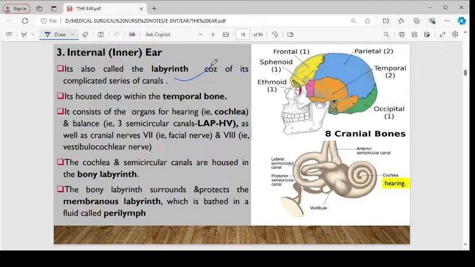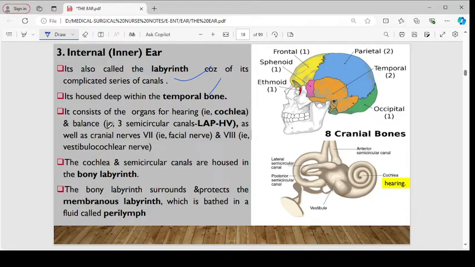The inner ear is housed deep within the temporal bone, and it consists of organs for hearing, like the cochlea, and for balance, which is facilitated by the three semicircular canals, abbreviated as LAPA, where the lateral semicircular canal is horizontally oriented, while the anterior and posterior are vertically oriented.